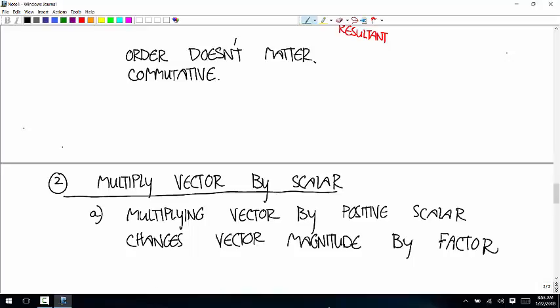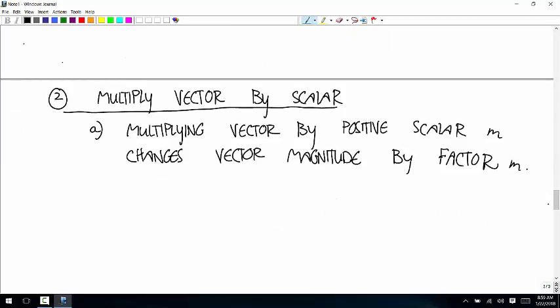Multiplying the vector by a positive scalar m changes the vector magnitude by a factor of m. So if you multiply by 2, the magnitude is doubled. If you multiply by 0.1, the magnitude is 0.1 of what it was before. The direction stays the same.